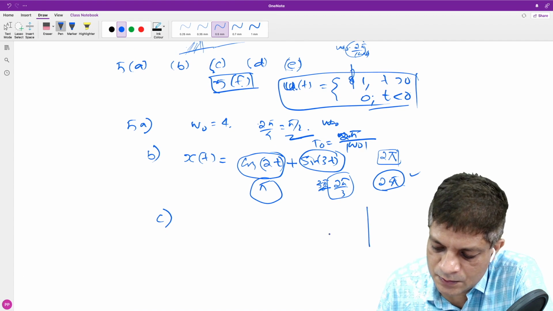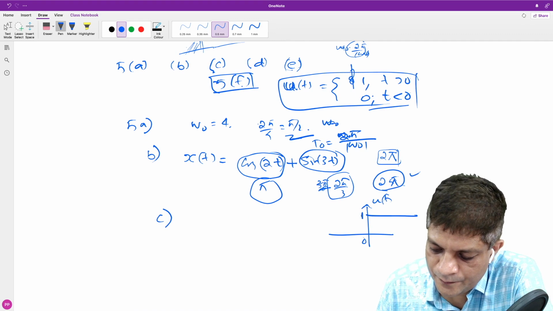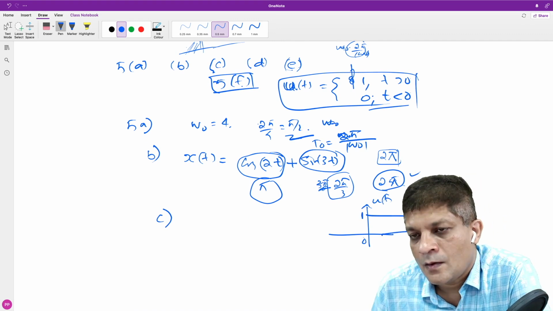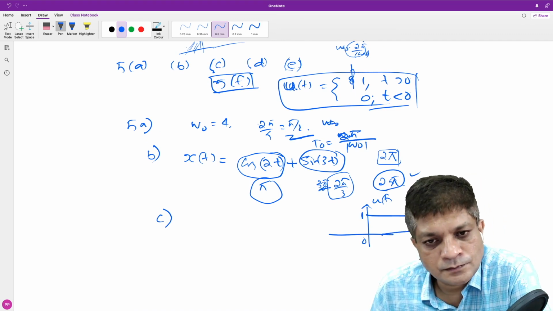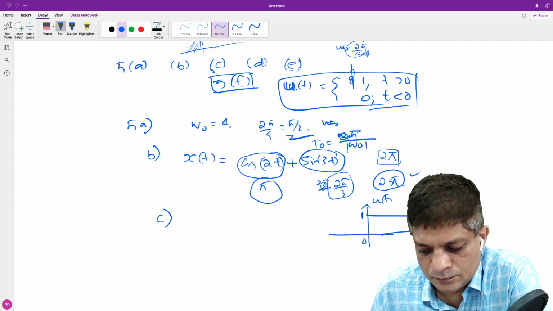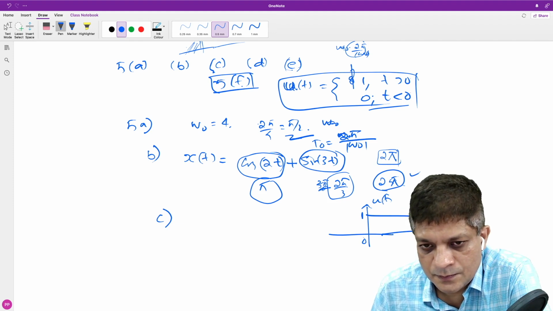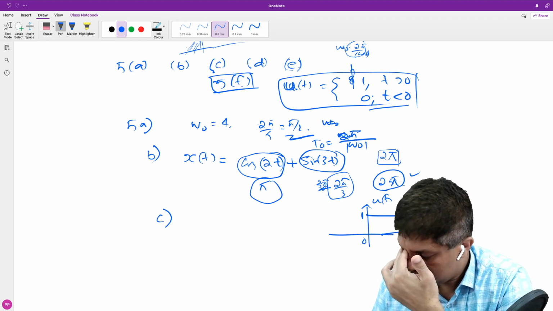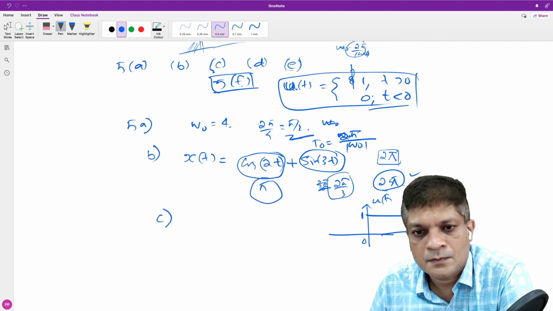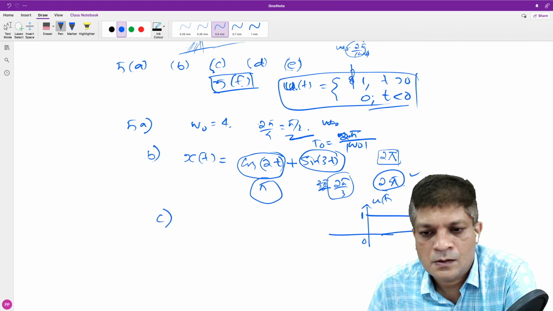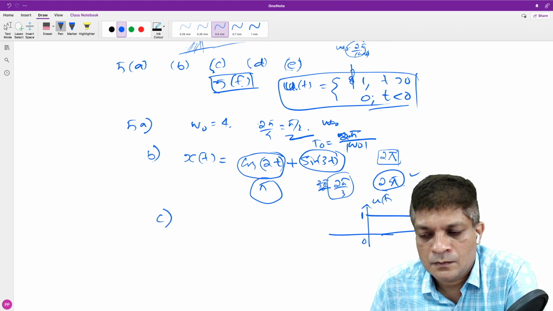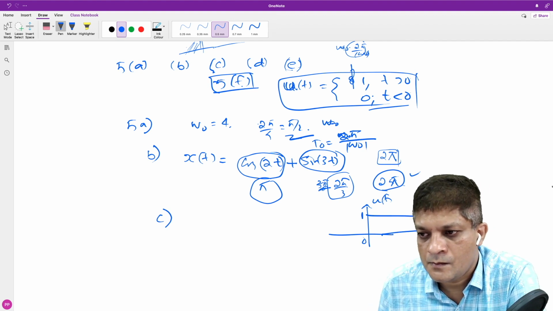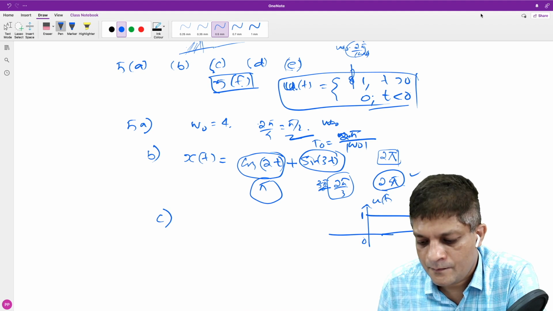This is ut, so that is the unit step function. So then not periodic.